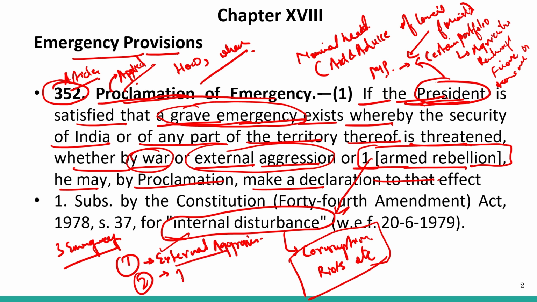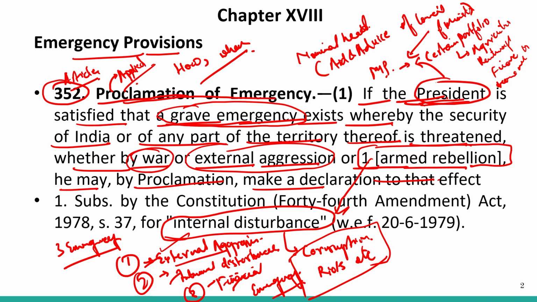Second is internal disturbances. And the third one is financial emergency. What we need to understand here is that external aggression, internal disturbances, and financial emergency are the three main grounds on which emergency can be proclaimed.